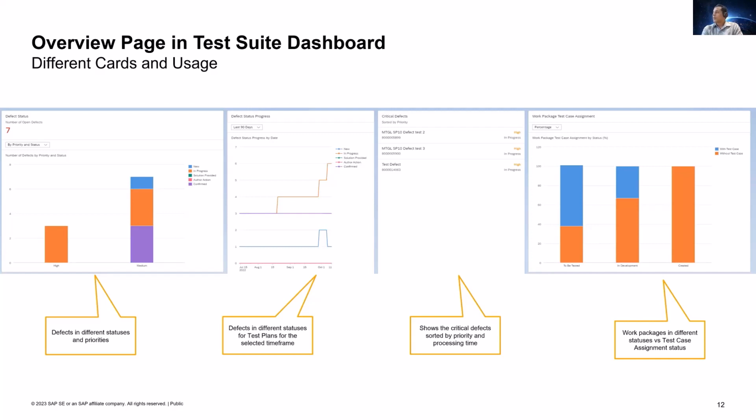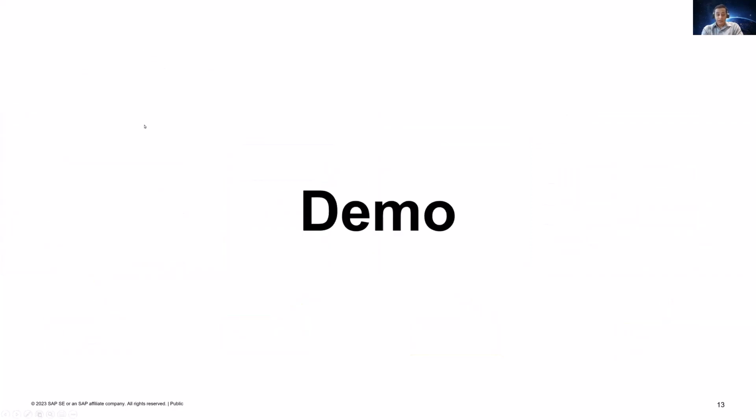And the work package test case assignment tile basically gives you the work packages in different statuses when compared to the test case assignment status. So if you're working with projects, it gives you the data for the work packages, and it not only provides you the data based on the percentages, but also absolute numbers, right?